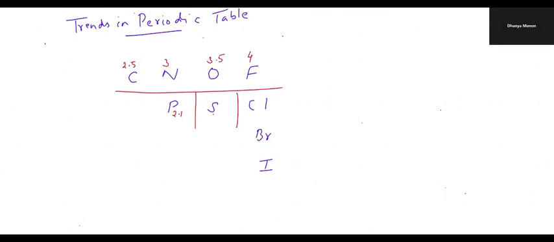For chlorine, it is 3. For bromine, it is 2.8. For iodine, it is 2.5. You have to remember this because when you solve the past paper questions, you will understand how these values are important. They might ask you to arrange them.